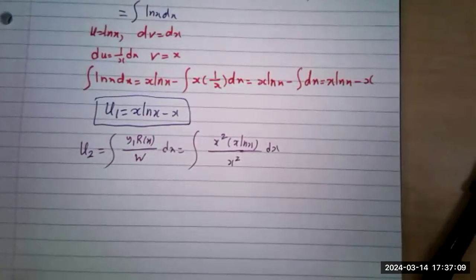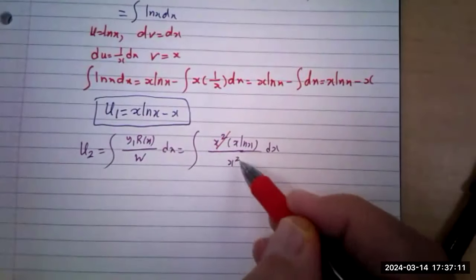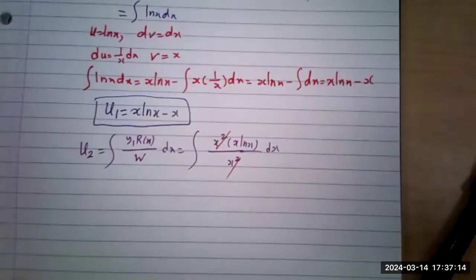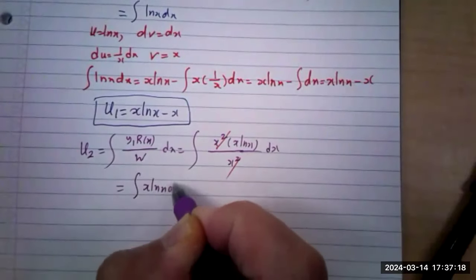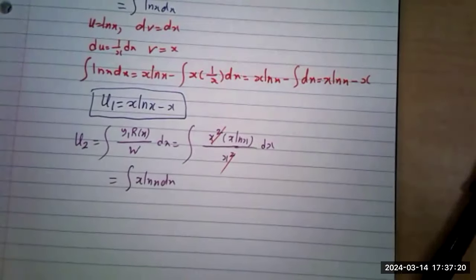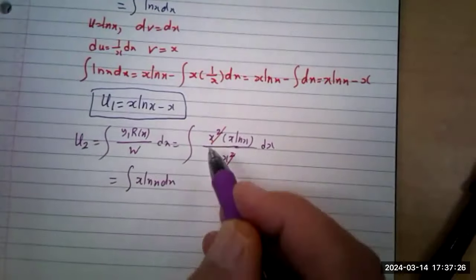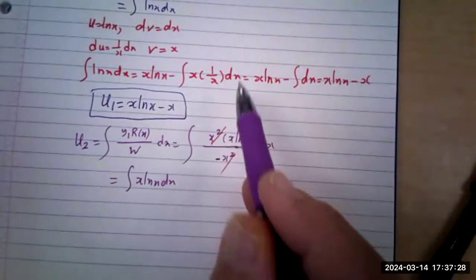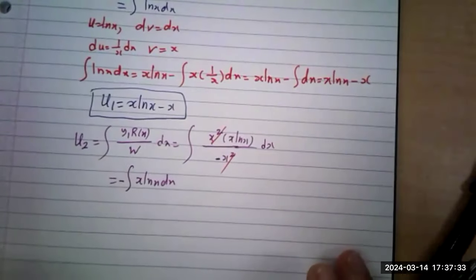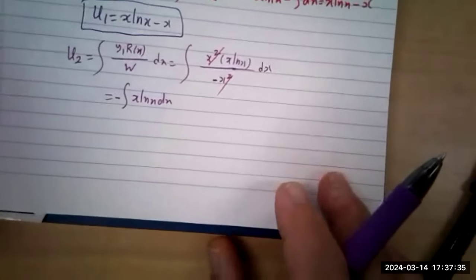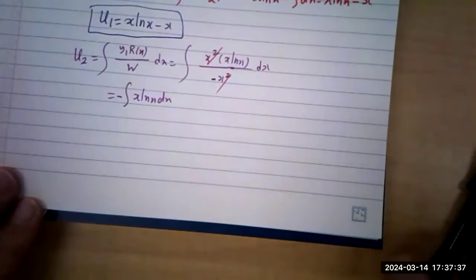If you simplify it, still we cancel out, so you arrive at x ln x. Is the Wronskian negative? It's negative, so there's going to be a negative. Then you operate on x ln x with the integration by parts again.